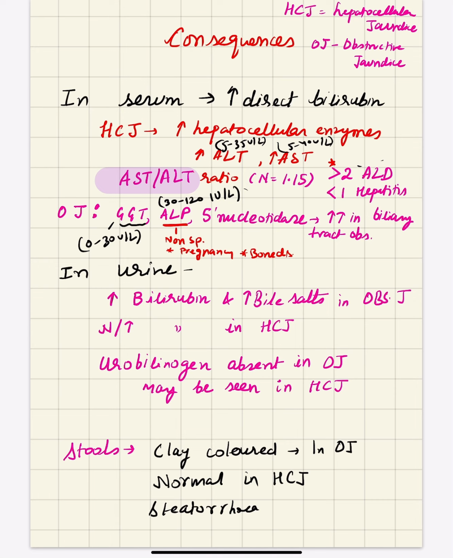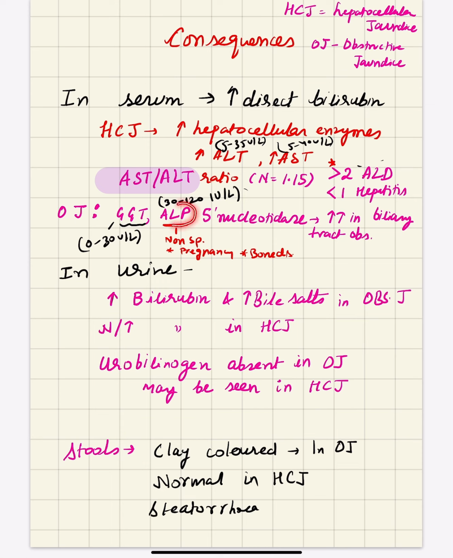On the other hand, in a case of obstructive jaundice, generally the enzymes which are increased are the enzymes of the biliary tree. Those are gamma glutamyl transferase, normal range 0 to 30 units per liter, and alkaline phosphatase, normal range 30 to 120 units per liter.